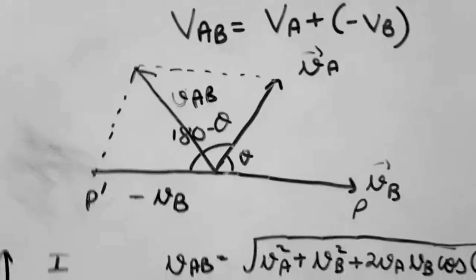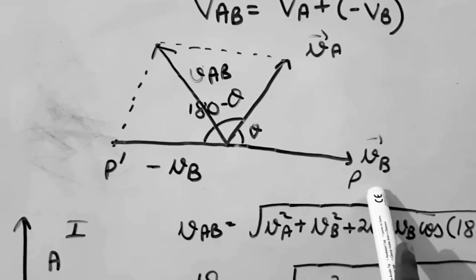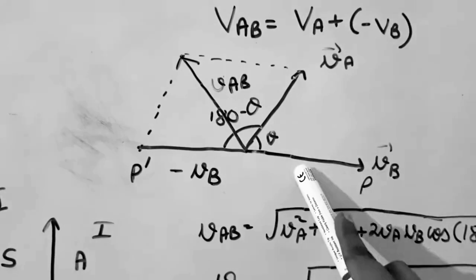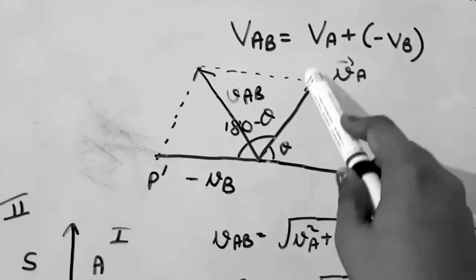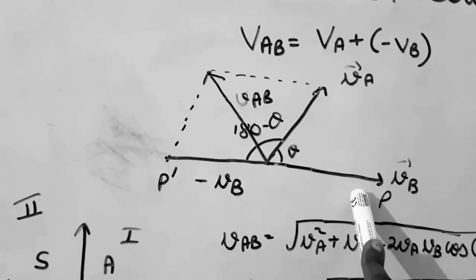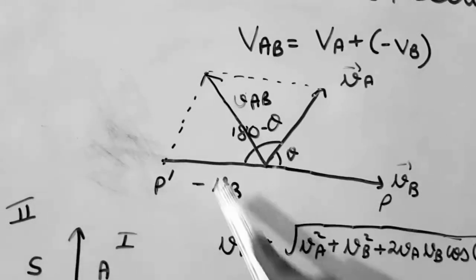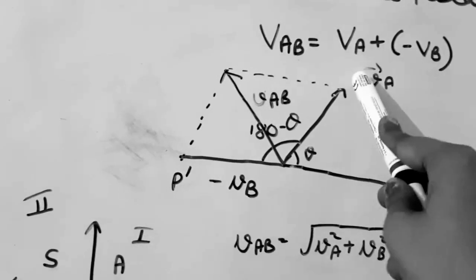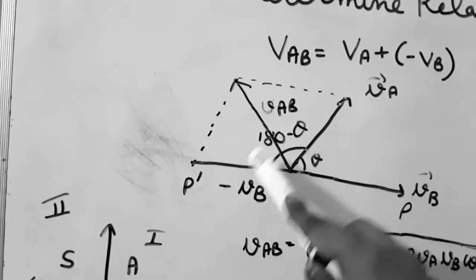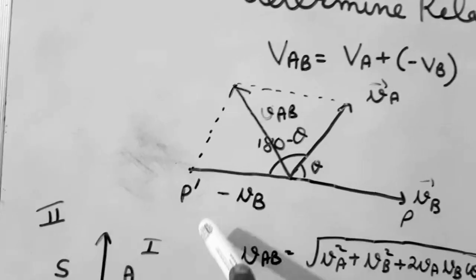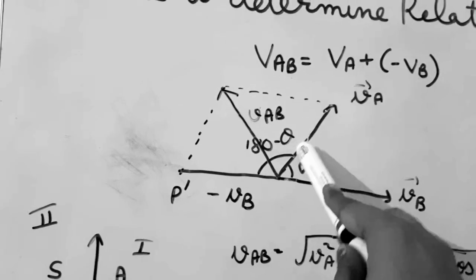So in this vector diagram, this is the VA vector, this is the VB vector. The angle between the two vectors is theta, but in the relation we have to take the negative of B vector. So here we take minus VB, and if the angle between VA and VB is theta, then the angle between VA and minus of VB will be 180 minus theta.